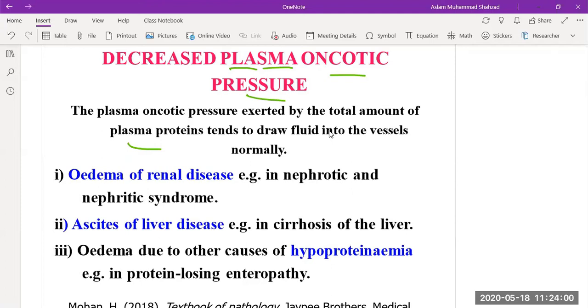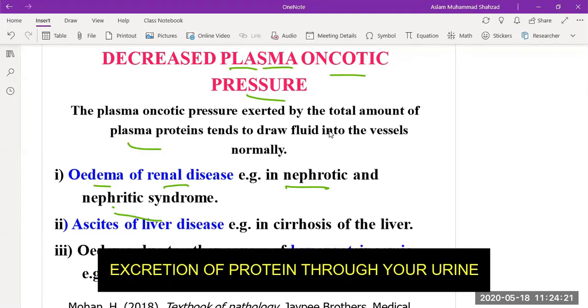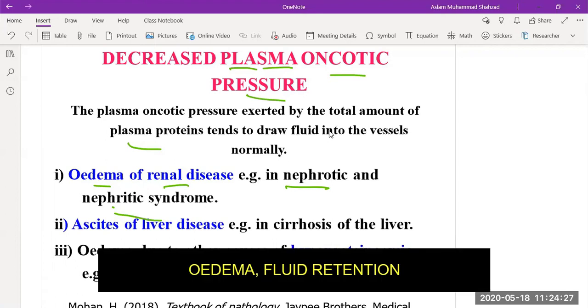So what happens in a disease like edema of renal disease, such as nephrotic syndrome? The protein tends to go outside more, and there is an increased excretion of the protein through your urine, and this results in edema, fluid retention.